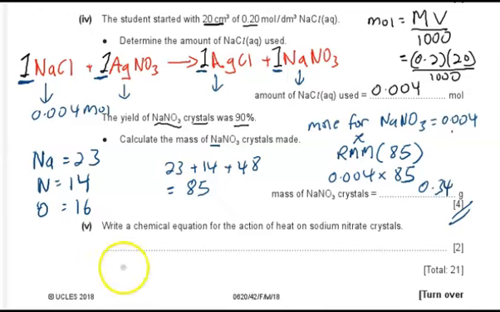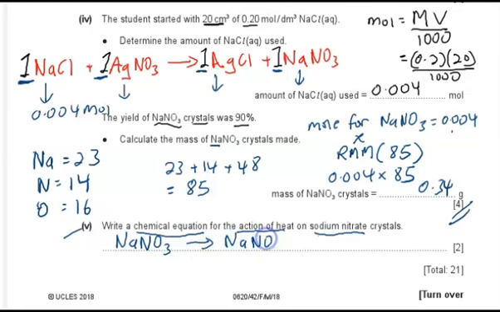Alright. Write down the chemical equation for action of heat on sodium nitrate crystal. So sodium nitrate, when they heat it up, let me write down sodium nitrate, you'll be getting sodium nitrite plus oxygen.